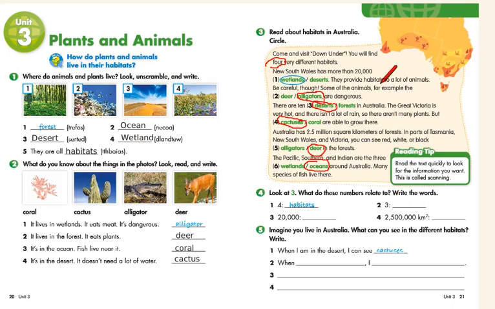What do we have with the number 3? Let me see. There are 3 oceans. The 3 oceans. See? So we're going to write the word oceans.